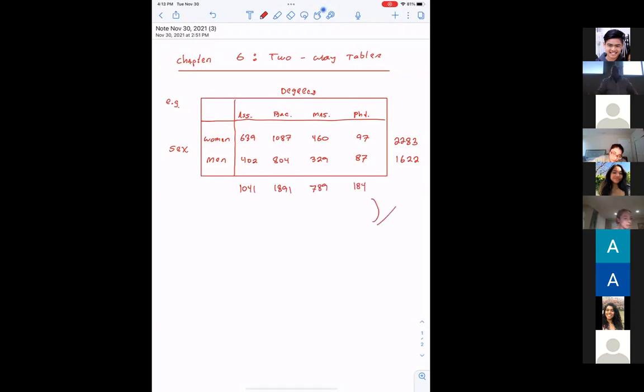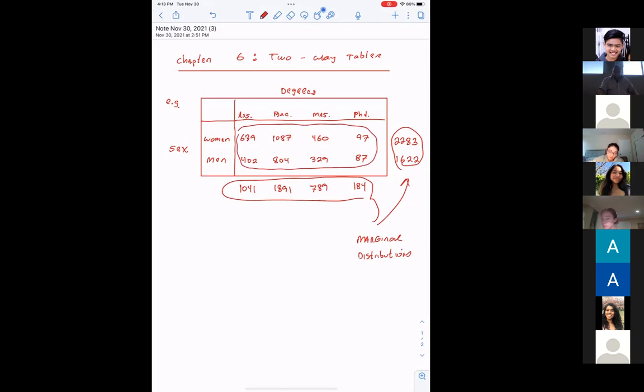So here and here, this is for both these guys, and this is for all of this. These are marginal distributions. And when I look at the numbers in the actual table, this is the joint distribution. There's one joint distribution, but there are two different marginal distributions.